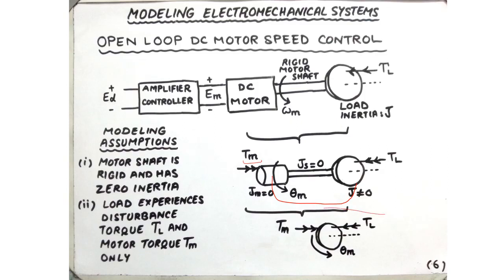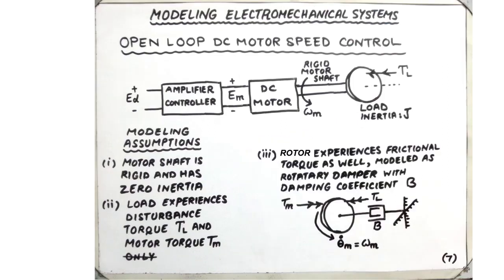So the final simplified representation will be the load experiencing two opposing torques, one applied by the motor and the other being the disturbance torque in the opposite direction. And the angular displacement variable of the load is the same as the angular displacement variable of the motor, that is theta m. That's because the load is mechanically coupled to the rotor.